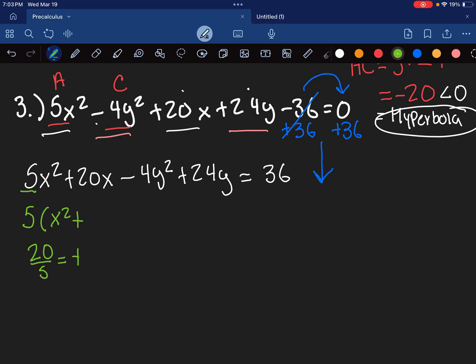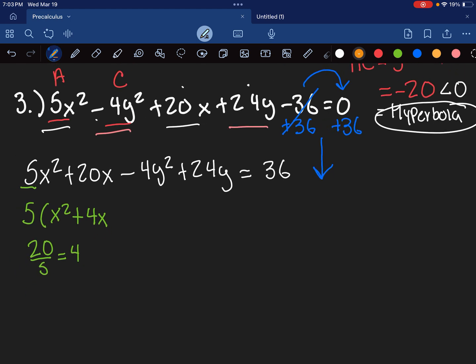That equals 4. Right, so we're going to do 4x here. And then after we found the common factor, we're going to do a plus sign and a blank space right there. This is going to be useful for later when we're going to be completing the square.